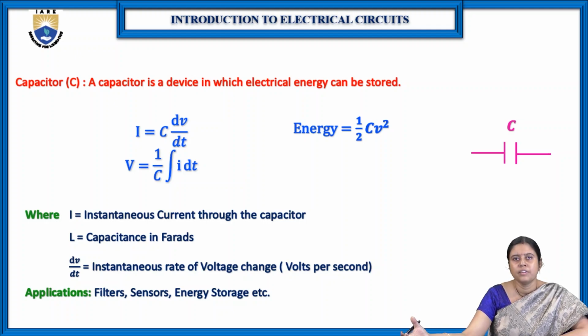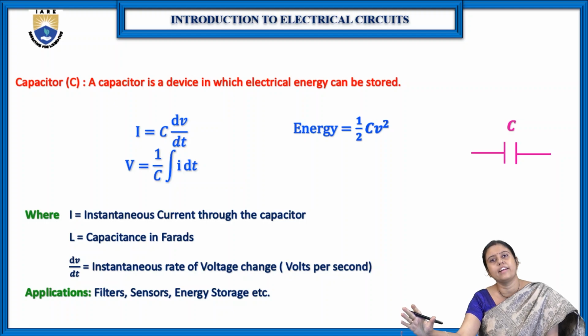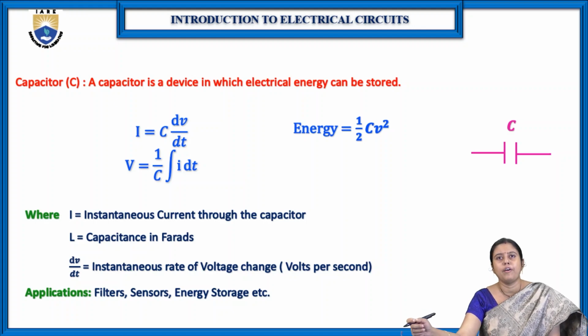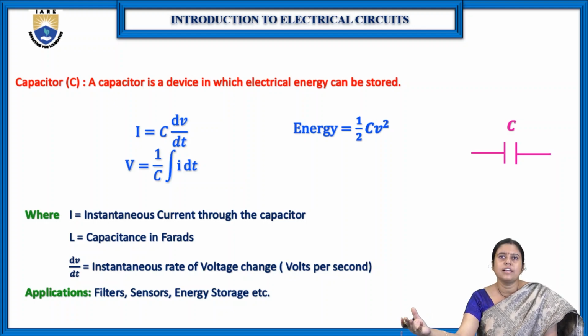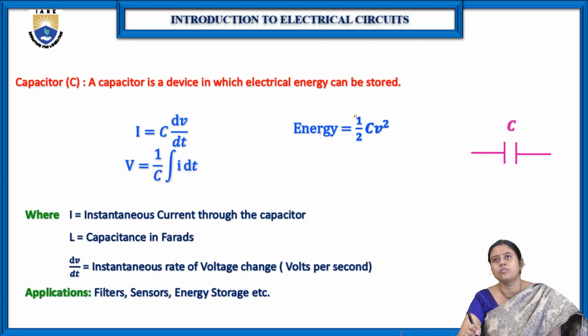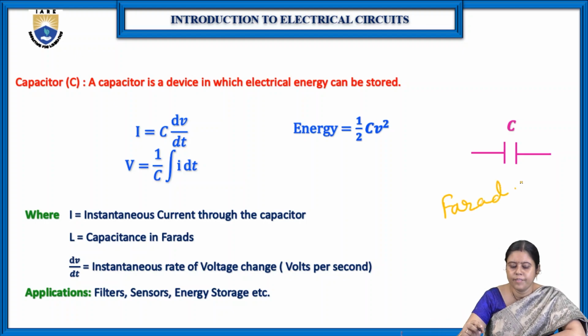In an inductor, the energy is stored in magnetic form, but a capacitor is a device where electrical energy is stored in electrical form. We draw it as capacitor C. The energy is equal to half C V square. C is the value of capacitance, and the unit of capacitance is farad.